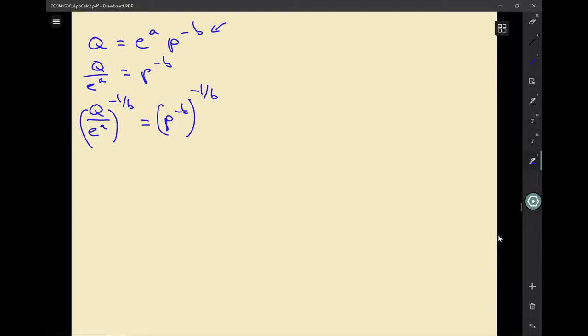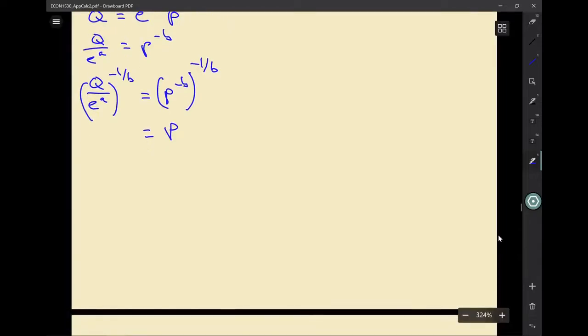And then we're just going to be left with p on the right-hand side. And over here, we could flip the numerator and denominator if we factor, or if we bring in that exponent negative 1.